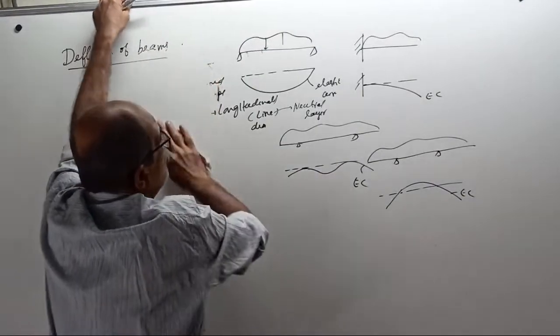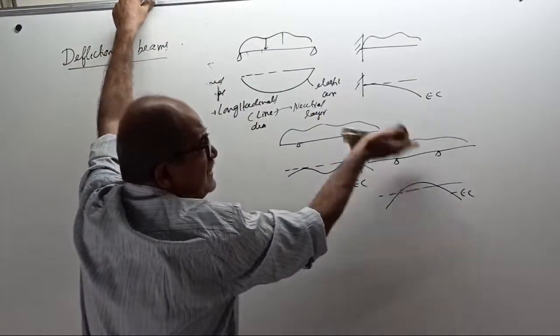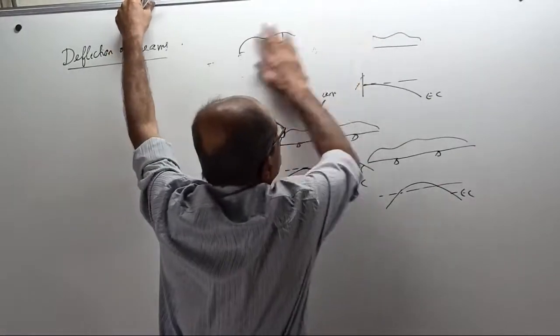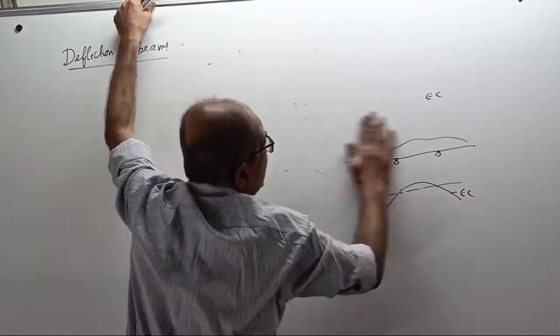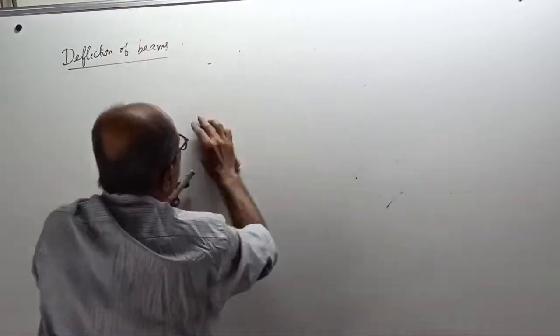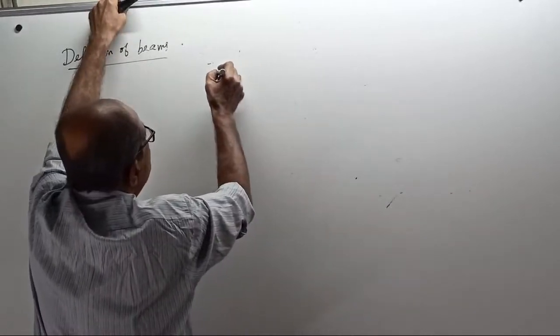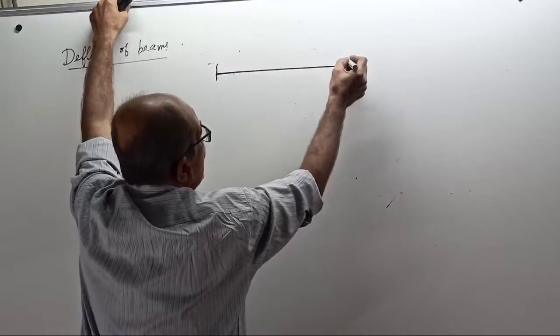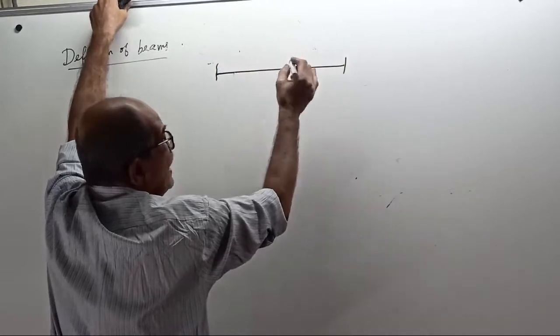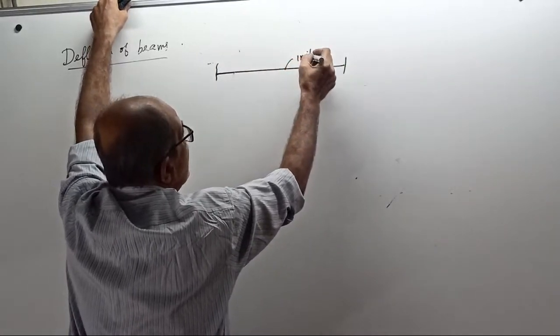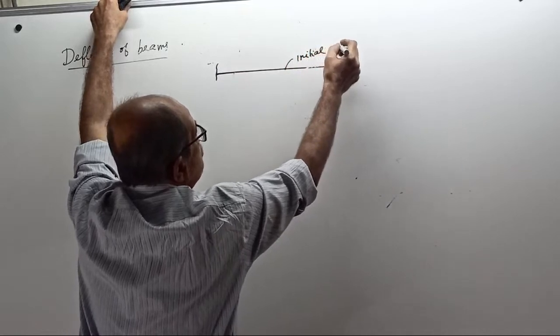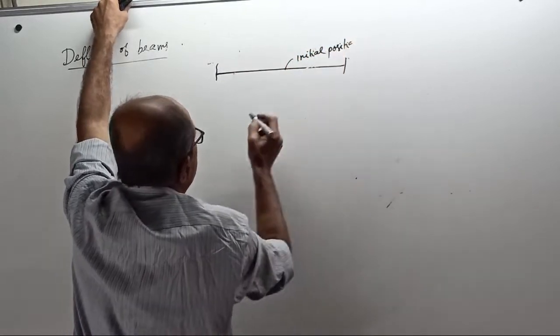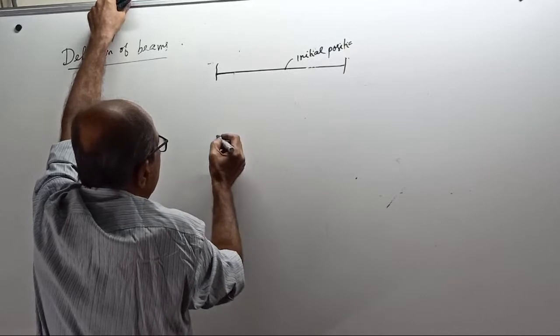now any one shape you can take, a random shape. First I will do one thing, don't bother about sagging or hogging. Imagine this is the original beam, the initial line, the initial position. Imagine the beam deforms here.